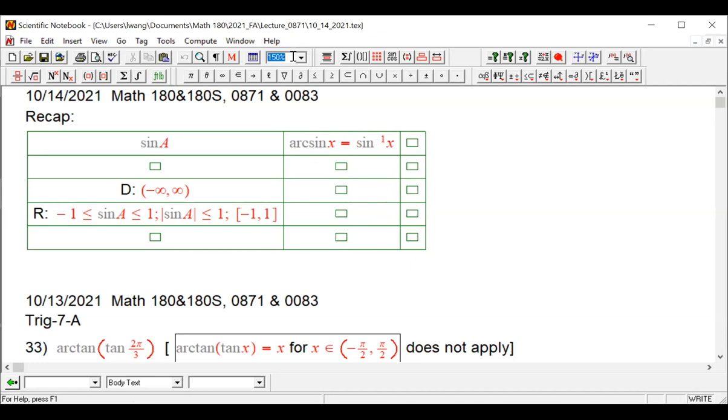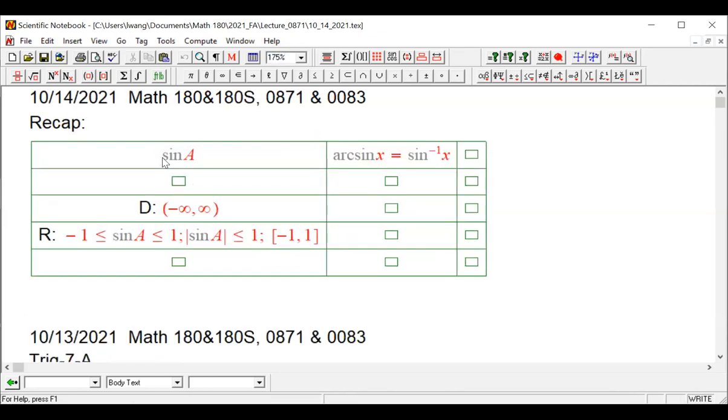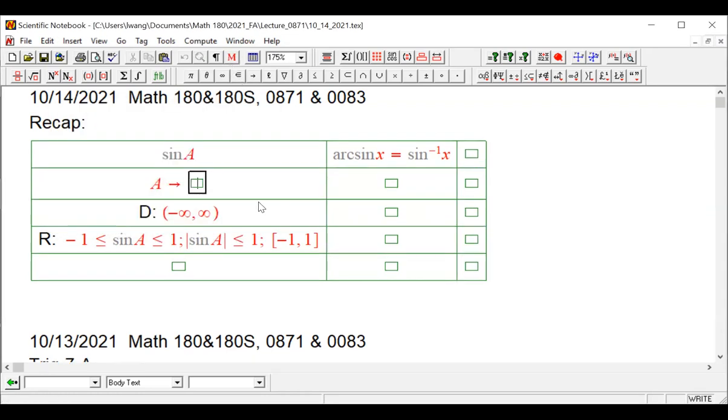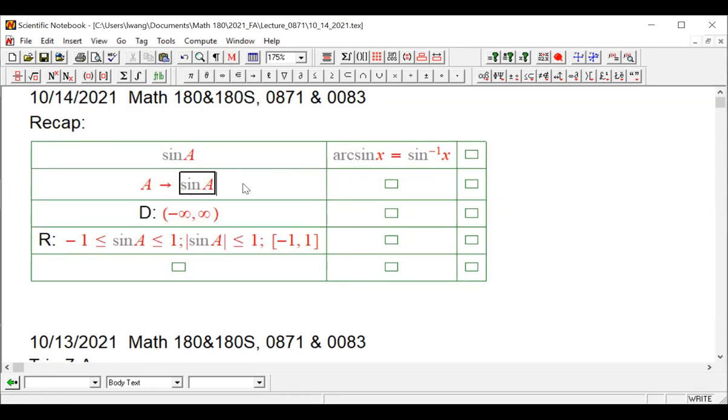Let me make it 175%. All right, so sine is a function that takes an angle as input and produces an output, which is a ratio. What kind of ratio? The sine ratio, right?